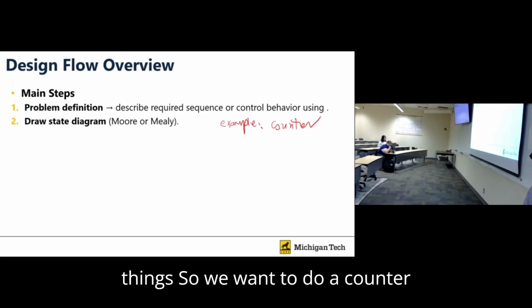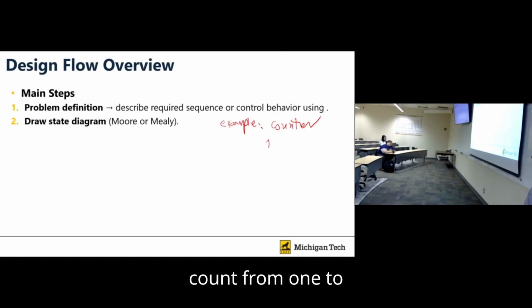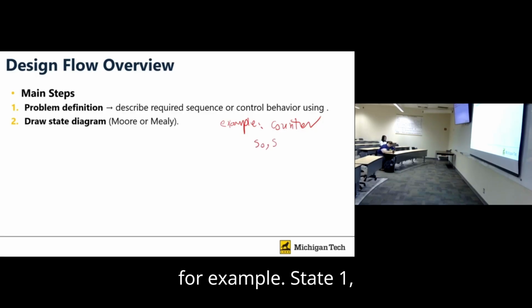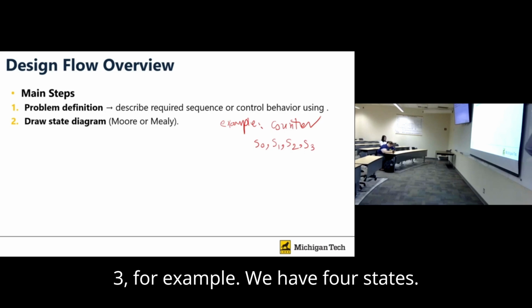So we want to do a counter, count from 1 to, for example, 4. So we have, how many states we have? 4 states. A state 0, for example, state 1, state 2, and state 3, for example. We have 4 states.